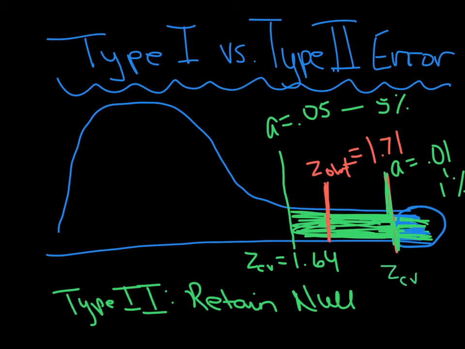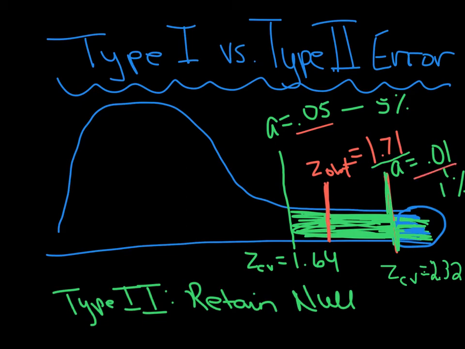Our z critical value for 0.01 is 2.32. So our test statistic would have had to fall 2.32 standard deviations from the mean to have been significant. But it only fell 1.71 standard deviations from the mean. So it would be significant at 0.05, but it would not be significant at 0.01.